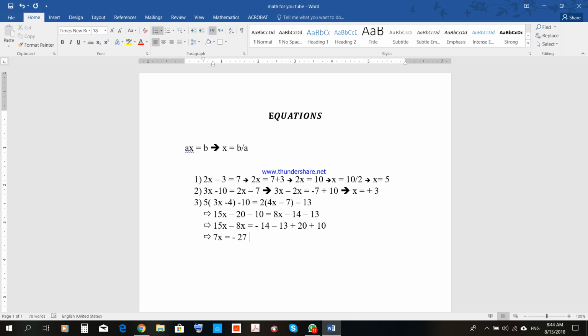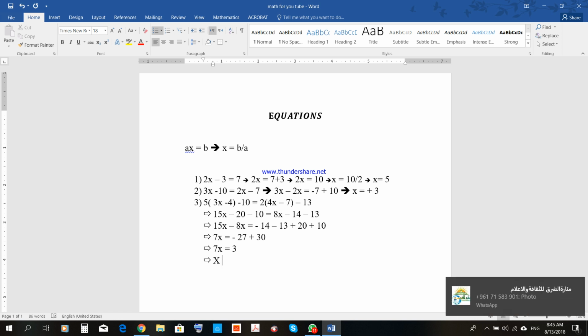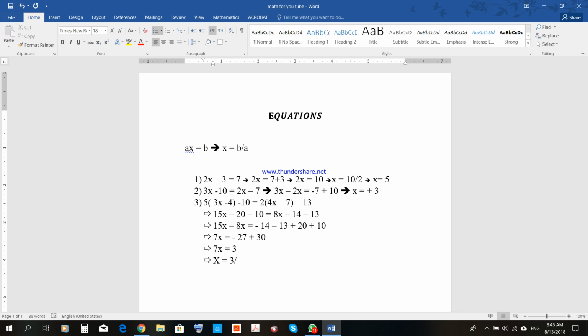It becomes plus 30. Now 7x equal 30 minus 27, which is 3. It becomes x equal 3/7. This is the answer.